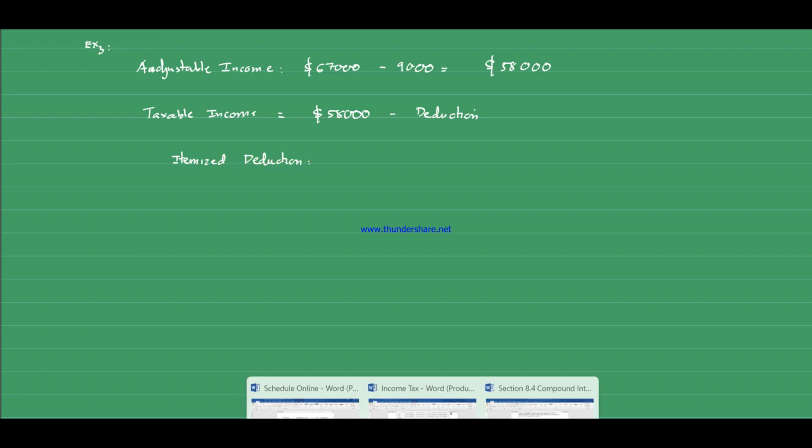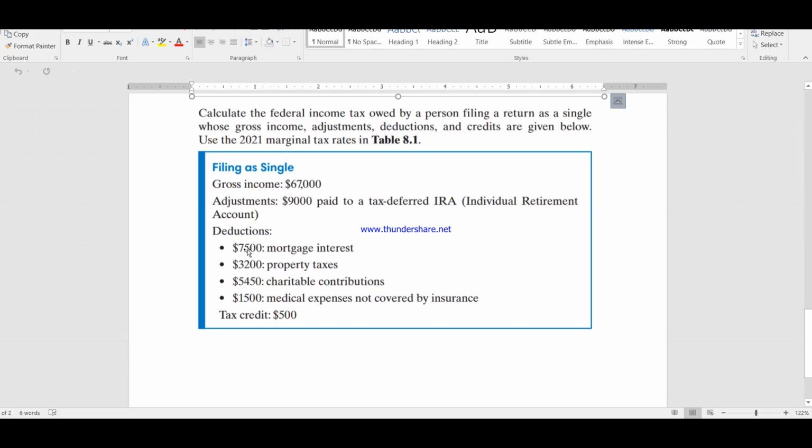The itemized deduction is in the table right here: 7,500, 3,200, 5,450, and the medical expense not covered by insurance. So we're gonna go ahead and add them up. Let me do the quick calculation right there.